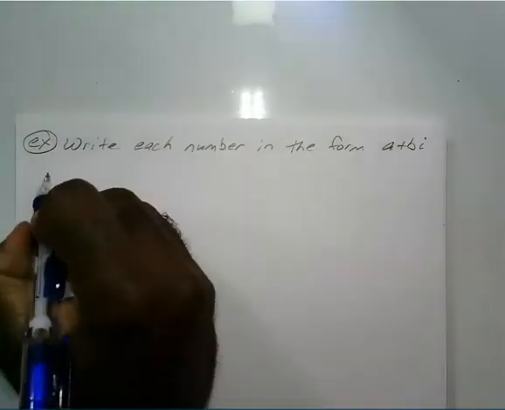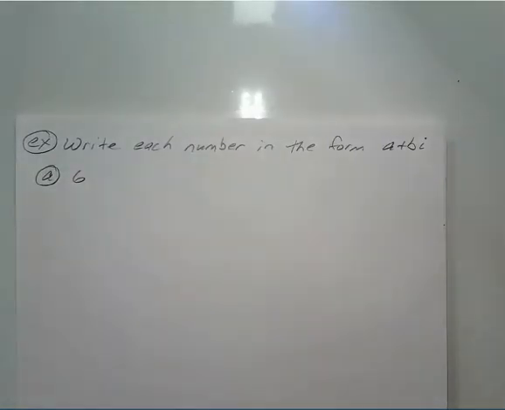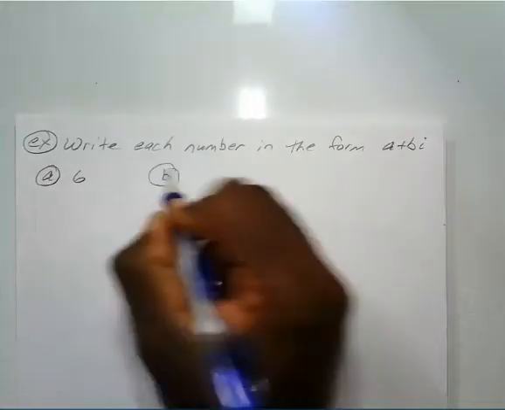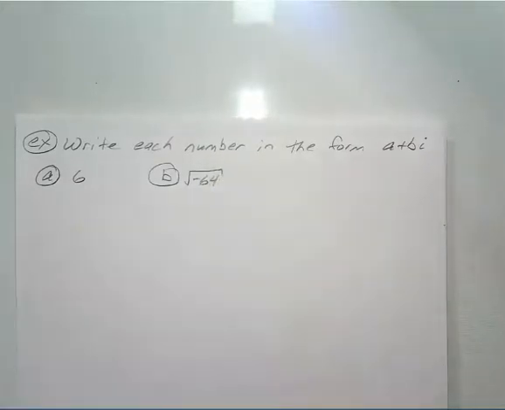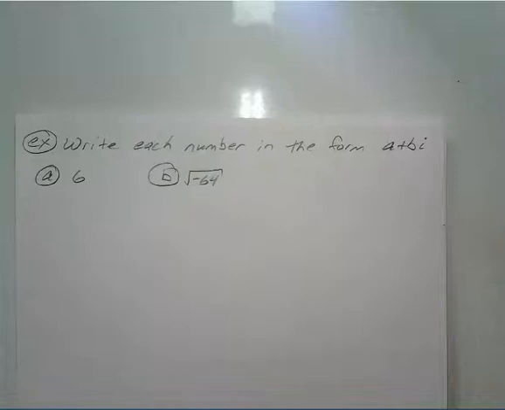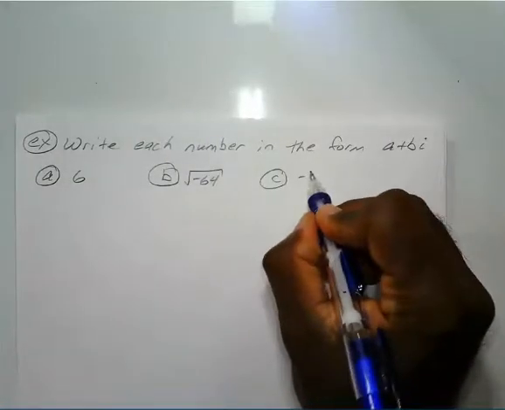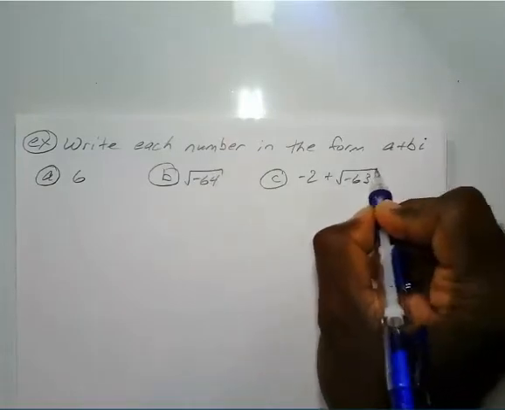Okay, so for problem A, let's say we want to write the number 6. Let's say for problem B, square root of negative 64. And let's say for problem C, you have negative 2 plus square root of negative 63.